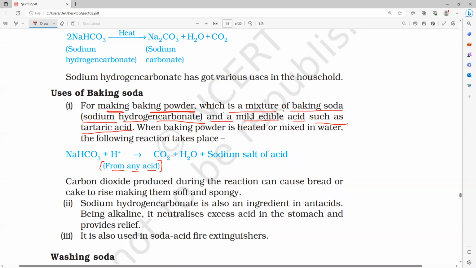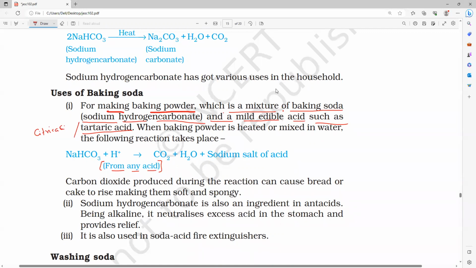Any mild acid you can take. Is it clear, everybody? Not only tartaric acid, alternatively we can use citric acid also.